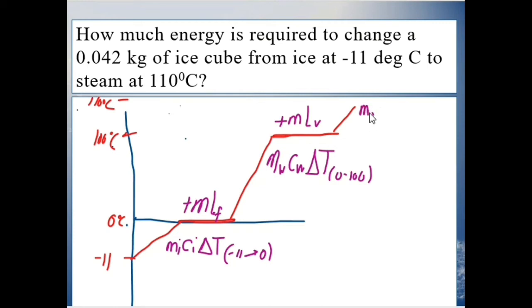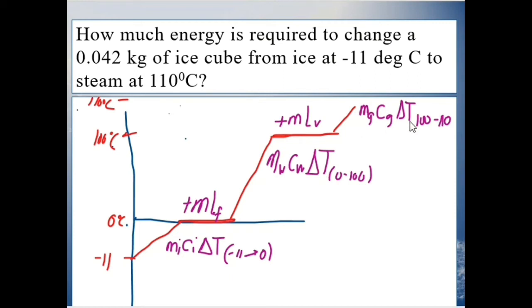So it's already gas. C of the water vapor in gas. Delta T is from 100 to 110. Okay. So that's how we solve for the total heat that should be absorbed by ice. 1, 2, 3, 4, 5.